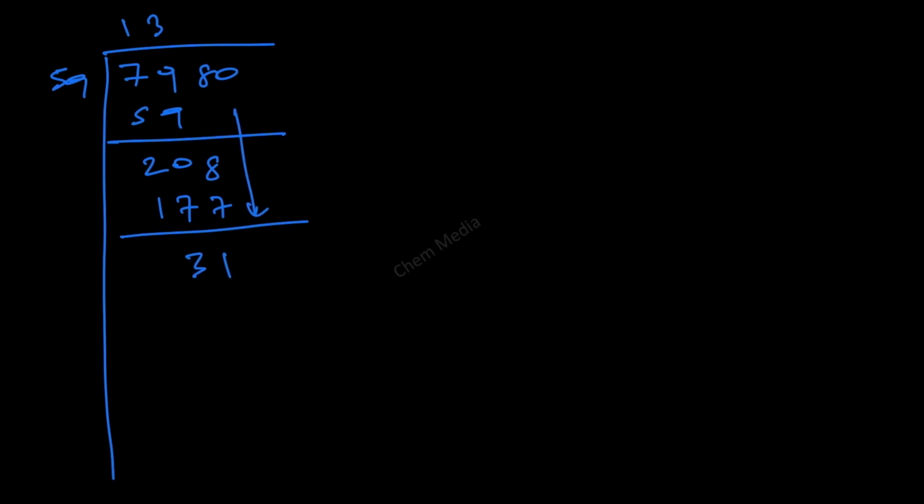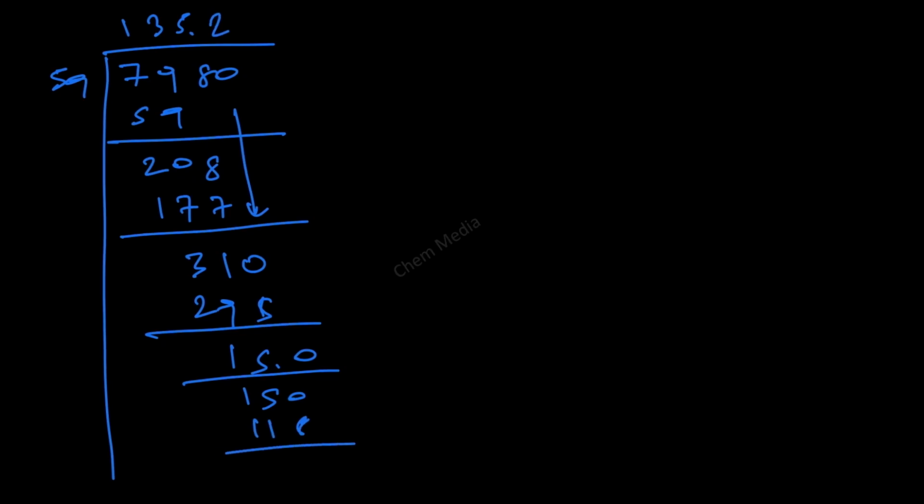Let's bring down this 0 also. So now we can do it 5 times. 5 times 59 is 295, remaining 15. We can't divide, so put a 0 and raise it to the decimal. So now we can do it 2 times. 2 times 59, 118, remaining 32. We can't divide, so put a 0. Now we can once again do it 5 times.